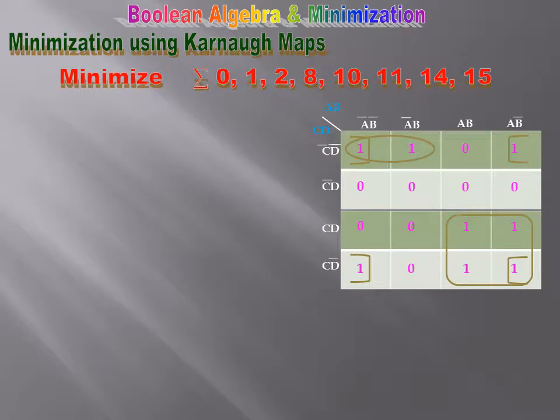You can get a Karnaugh map and just place these terms inside. 0 term is present, 1 term is present, 2 is also present, 3, 4, 5, 6 or 7 are absent, then 8 is present, then 10 is present, 11 is present, 14 is present, and 15 is also present.